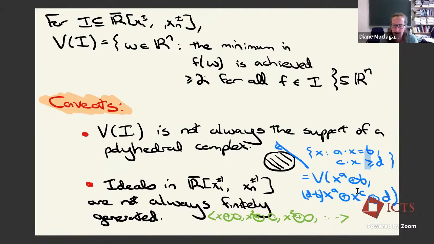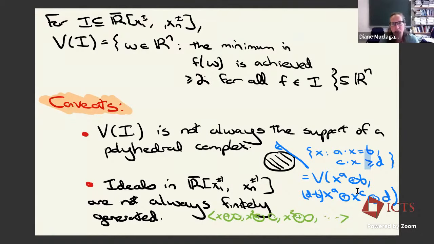Okay, so we're claiming, and this is implicit when I'm telling you, that if I just keep on throwing these equations in, we're going to cut out more and more things. So that ideal is not finitely generated. But we can see this on a simpler example.